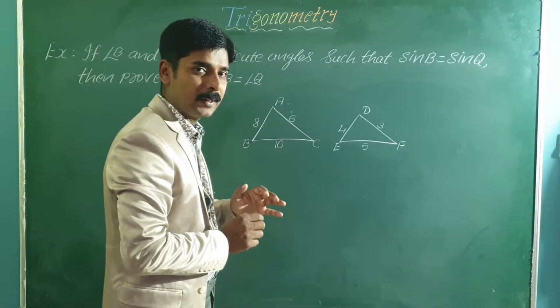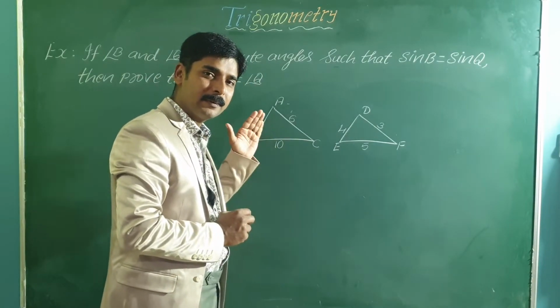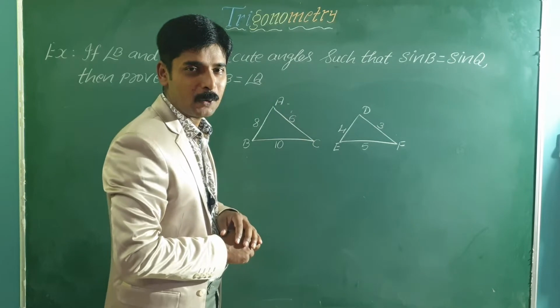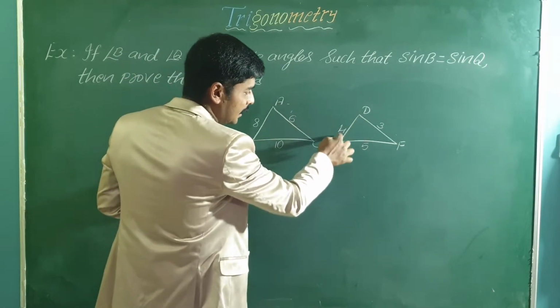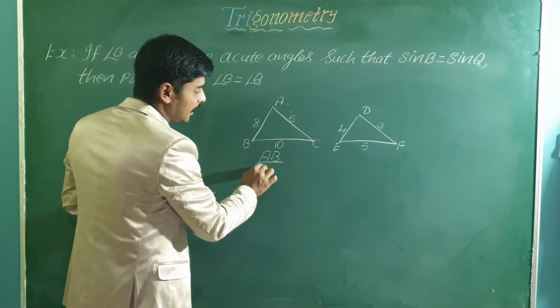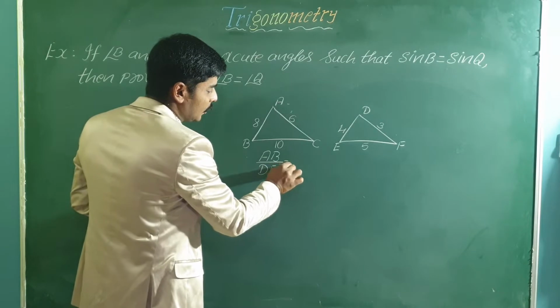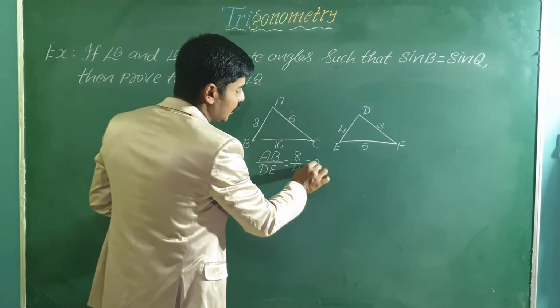Now to check whether these two triangles are similar, you must find the ratio of their corresponding sides. See, for AB, the corresponding side is DE. So you take the ratio of this AB by DE. This is equal to 8 by 4, which is equal to 2.